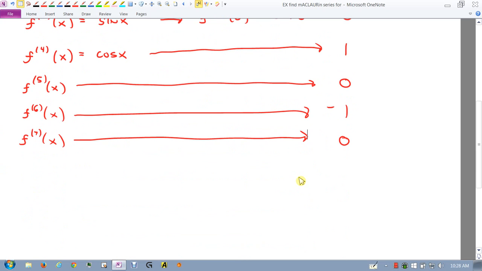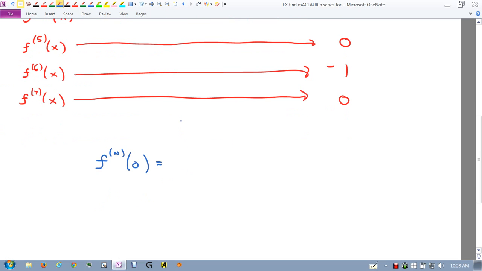How could we state this in a nice, clean format, just what's happening here? What can you tell me about the nth derivative at 0 for this particular function? There are 3 possible answers.